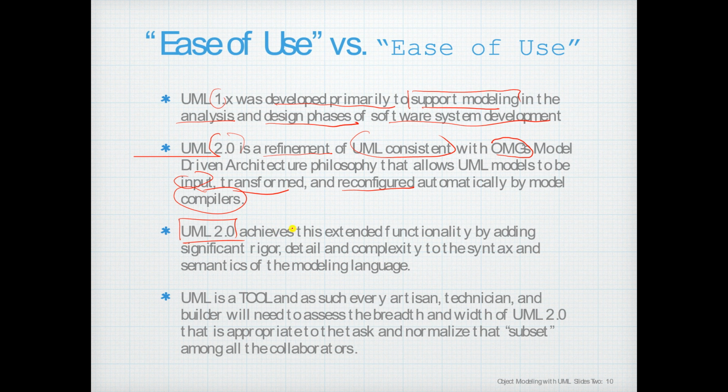UML 2.0 also has extensibility. It adds new functions by significantly raising detail and complexity in the syntax and semantics of the modeling language.